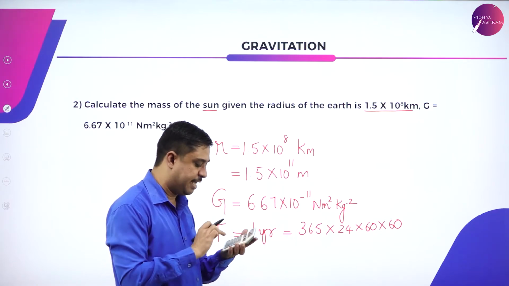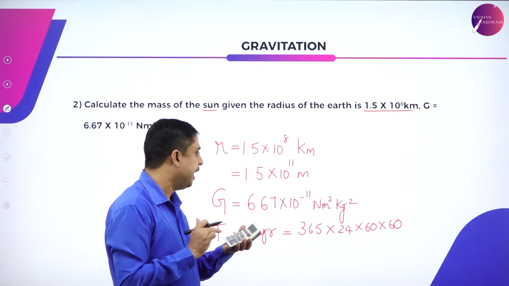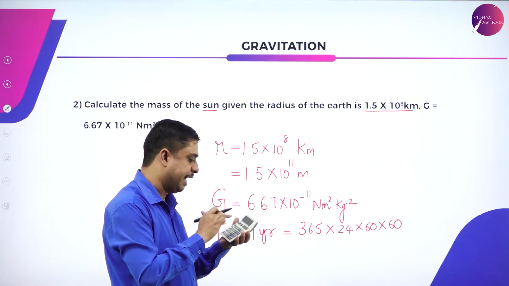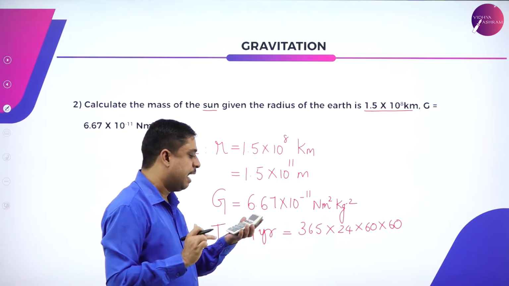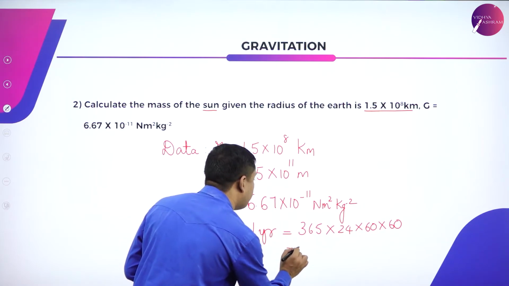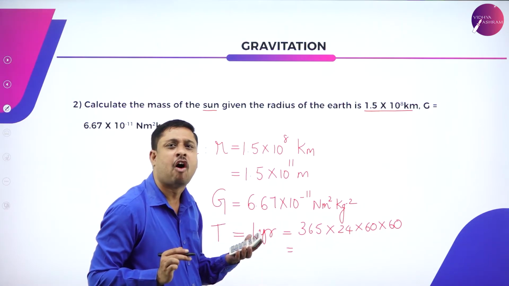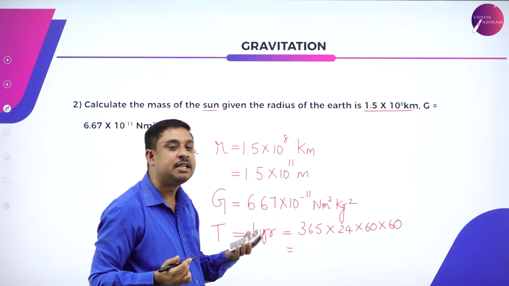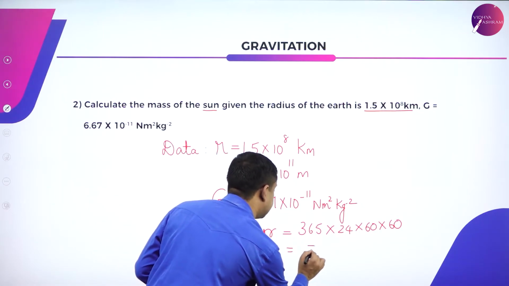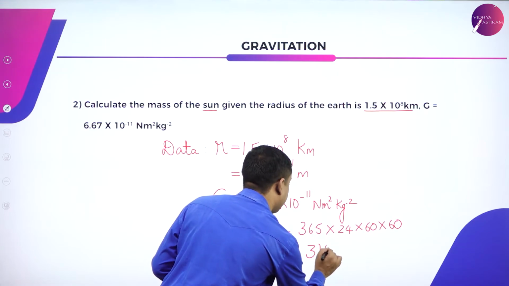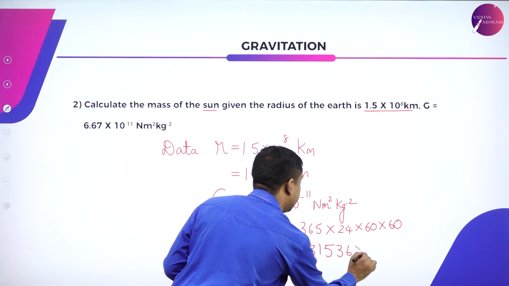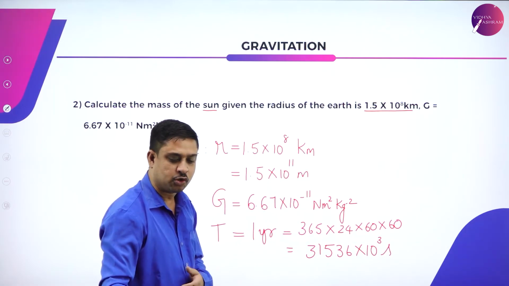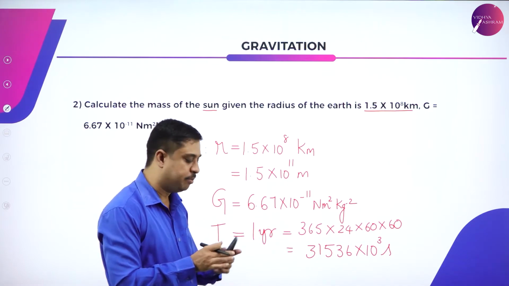So when I simplify this, 365 into 24 into 60 into 60. And to avoid complication in terms of powers of 10, always use powers of 10. So this is 3153 into 10 power 3 seconds. So much will be the time.